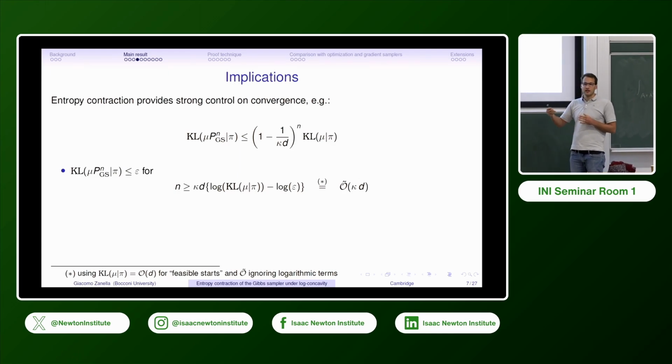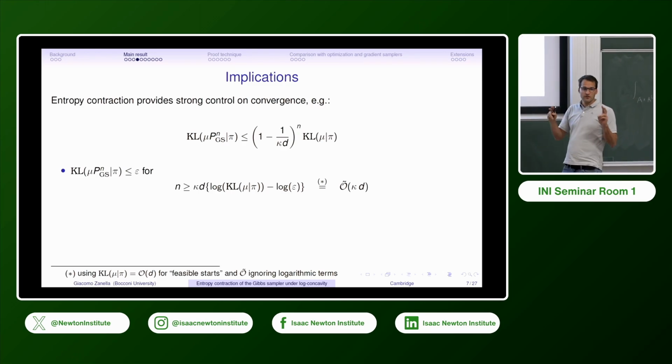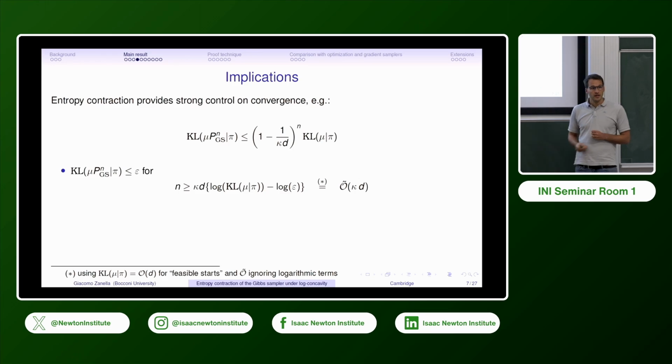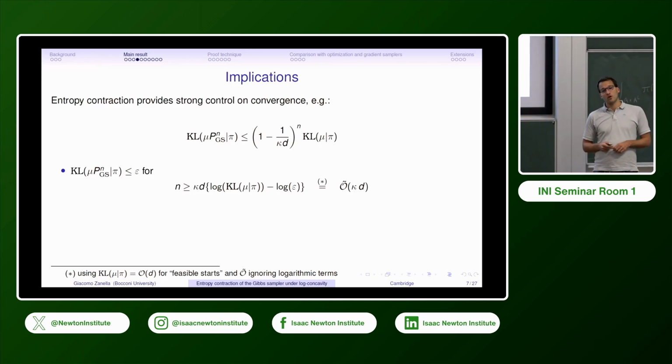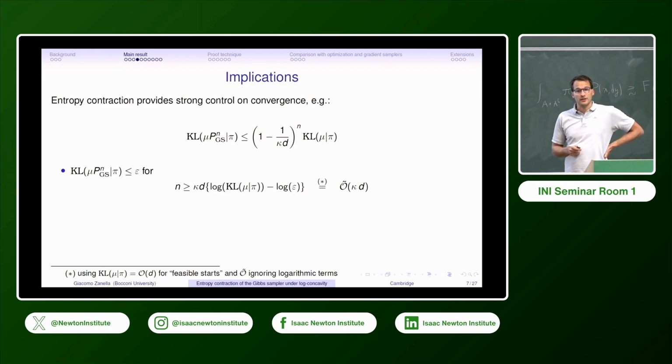So there's no hidden polynomial term in the log of the starting distance because for so-called feasible starts, the starting KL is upper bounded basically by a linear term in D. So you should really think of this as a log D term. Okay? So if you ignore logarithmic terms in D and epsilon and kappa, then this means that you take order kappa D steps to converge to stationarity.